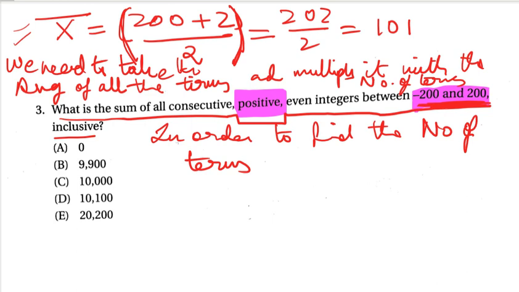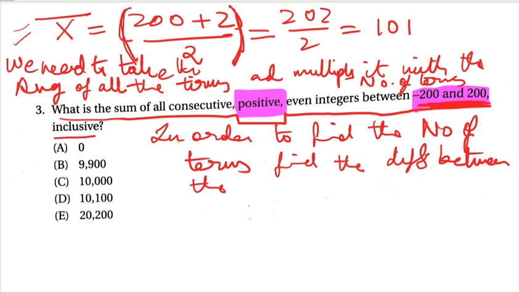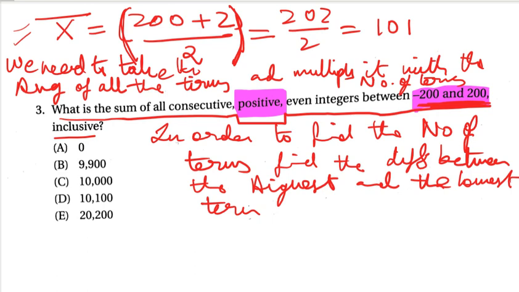Find the difference between the highest and the lowest term and divide it by 2. You have to divide the result by 2.